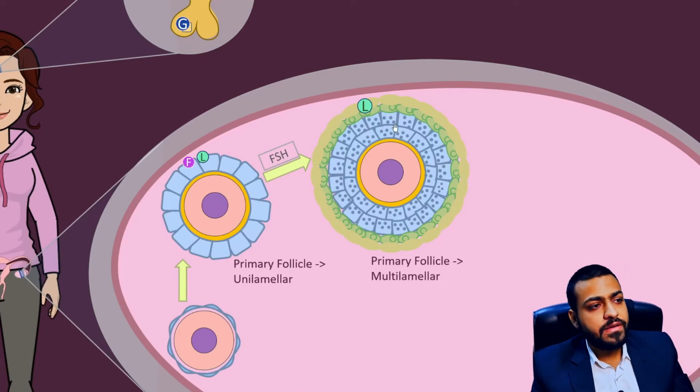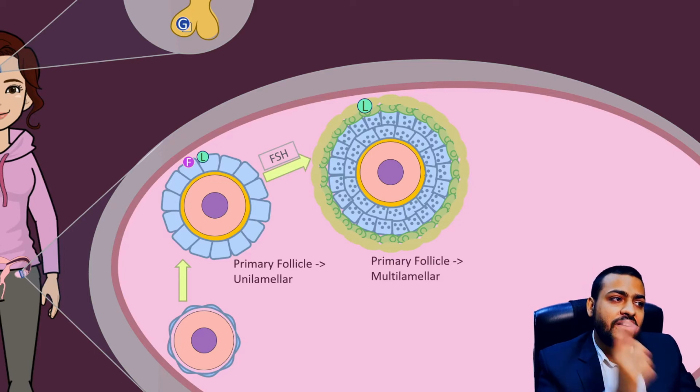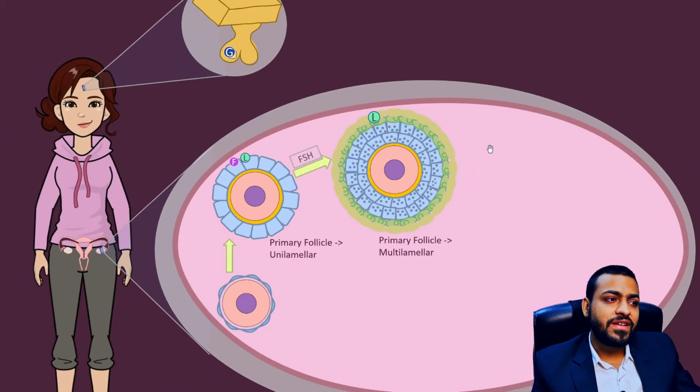Now as these follicular cells start secreting estrogen, they also become filled with granules of estrogen, right? So these cells are now called granulosa cells. Follicular cells are now called granulosa cells.